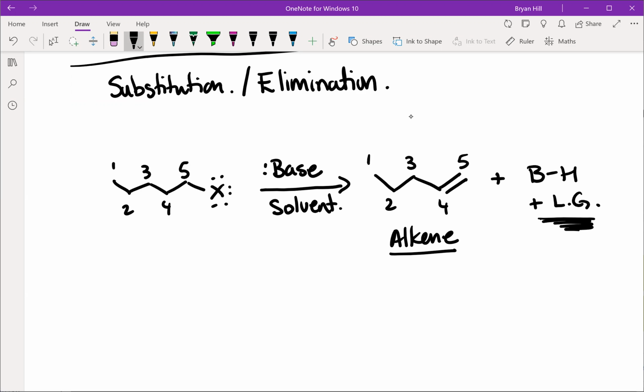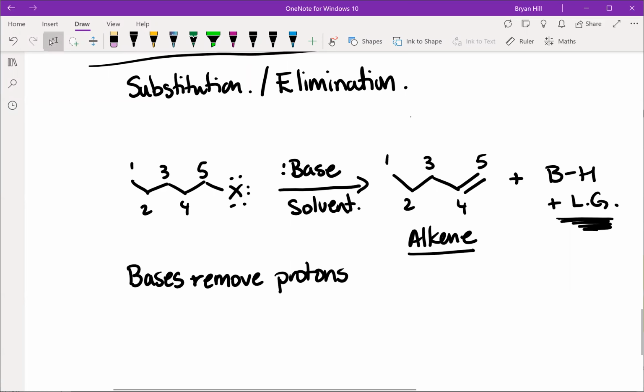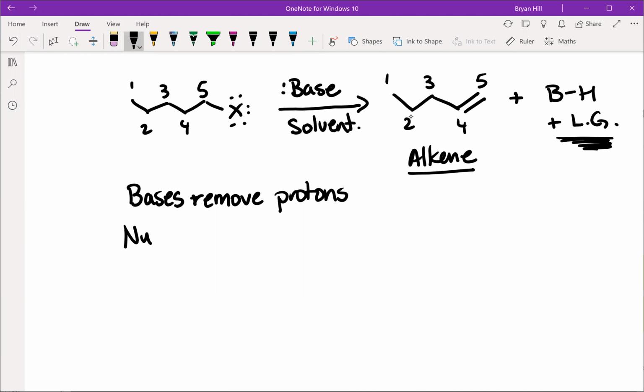The only difference between this reaction and the substitution reaction is that bases remove protons, or a proton, I guess, whereas the nucleophile, if it was a substitution reaction, attacks the carbon.